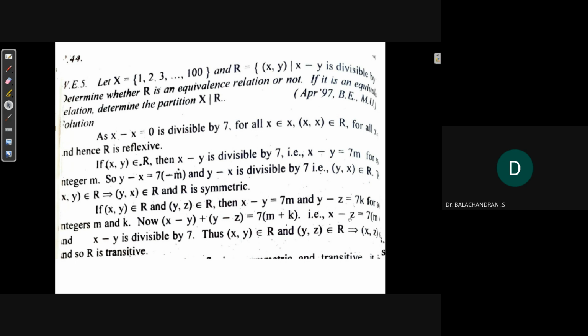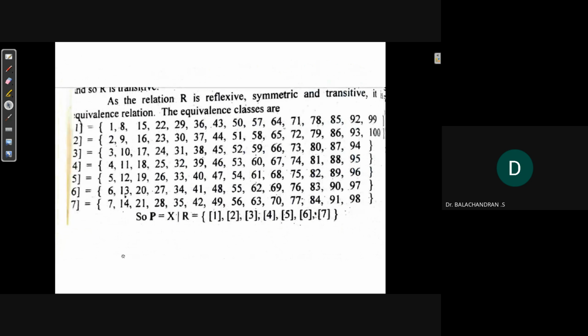This implies x minus z is divisible by 7. So whenever you have (x, y) in R and (y, z) in R, this implies (x, z) is also in R. So it is transitive, and hence R is an equivalence relation.